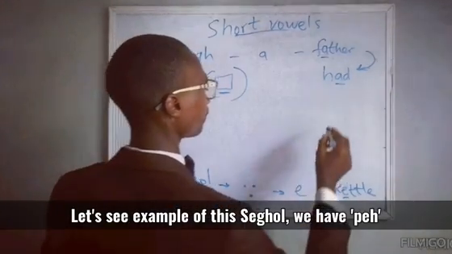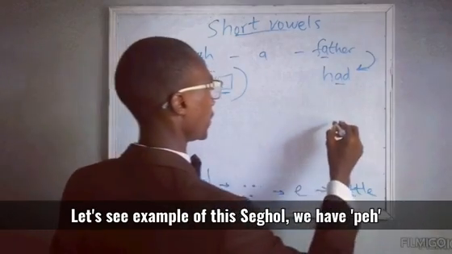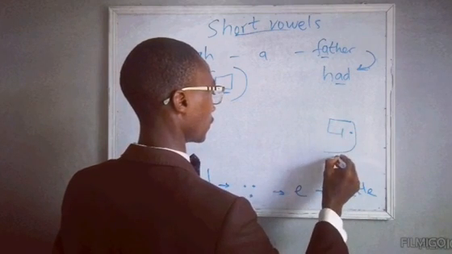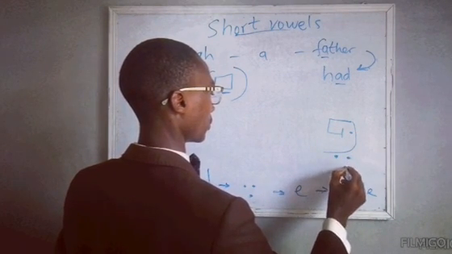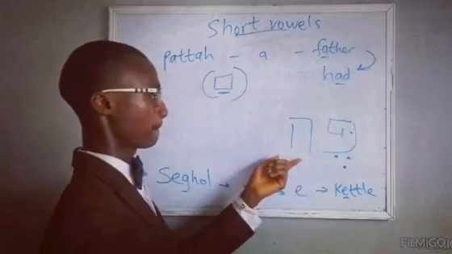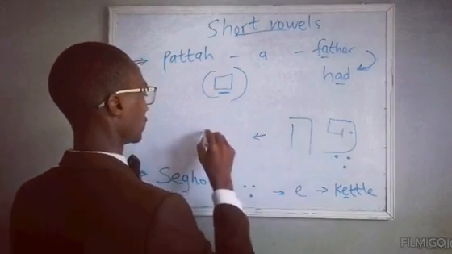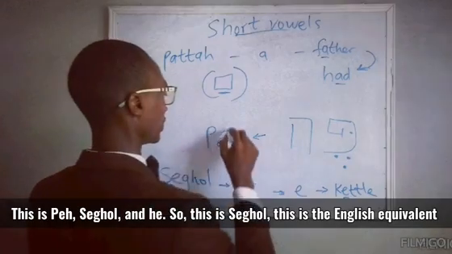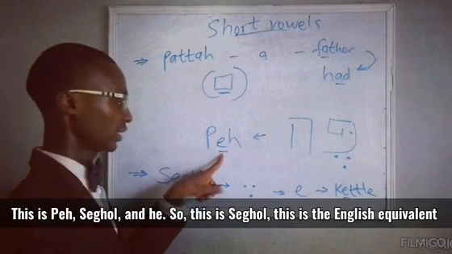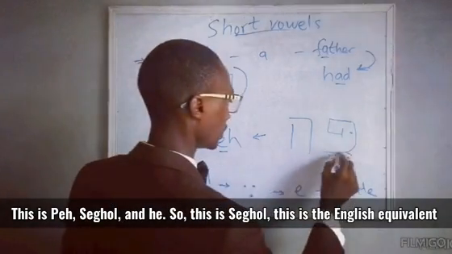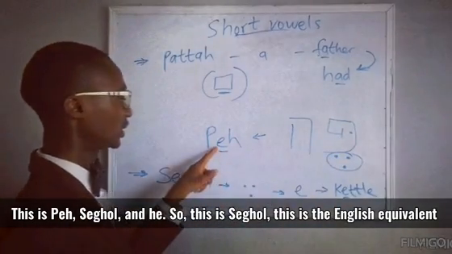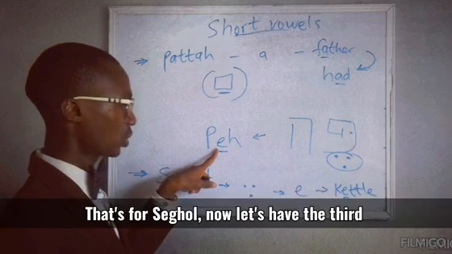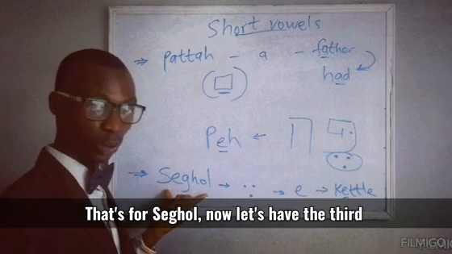We have pear. So this is pear, this is segol, and this is the English transliteration, the English equivalent. So that is for segol.